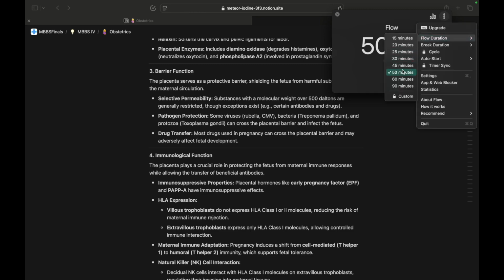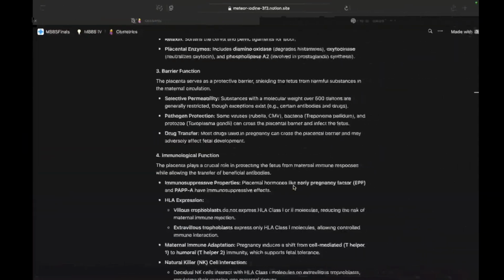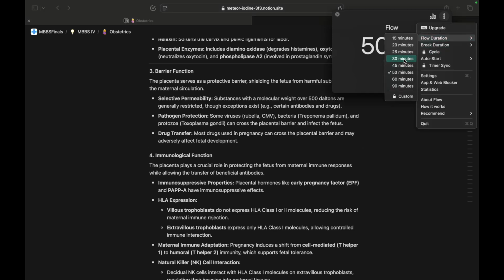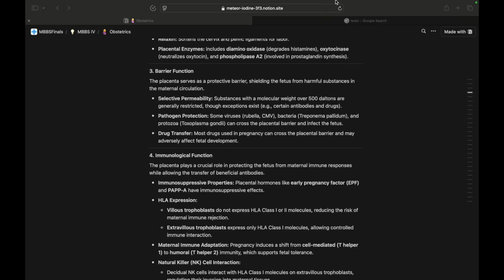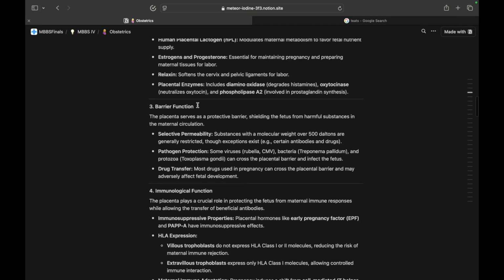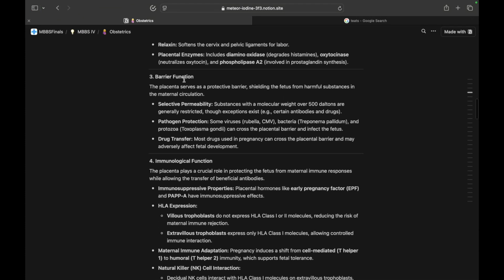Flow duration, let's make it, how many minutes are done? 8 minutes are done. So, let's make it 40. There is no 40, let us do 45. So, it's fine, we turn this on. So, let this be on so that we have an accurate estimate of how much time we are spending on each section and also for breaks.